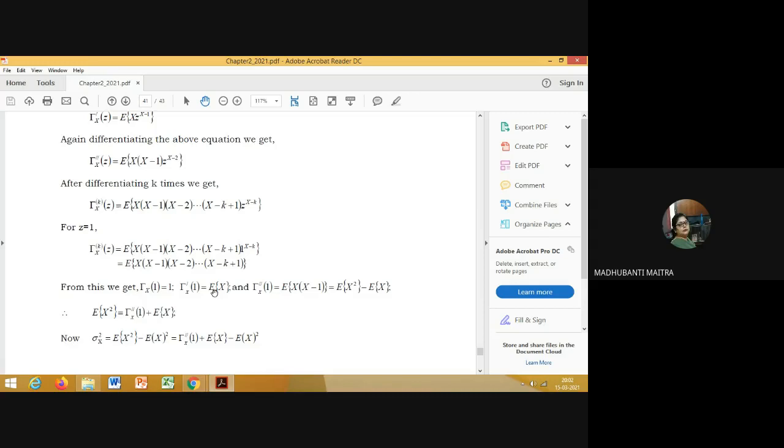Because you see, if you want to find the variance, then it's clear that you'll have to find the second moment about the origin, right? And the variance is the second moment m2 minus the squared value of the first moment. So that means you'll have to evaluate m1 as well as m2. So you can substitute this value over here, no problem. But I'm assuming that you have already computed tau dash 1, that means you have computed the first moment.